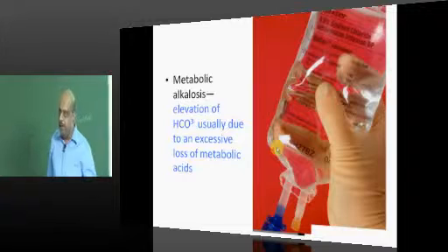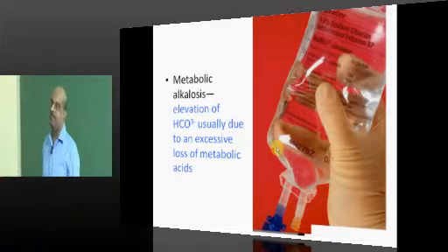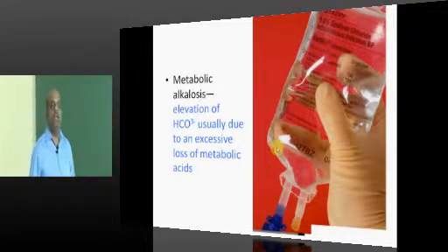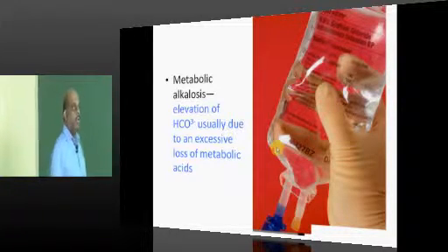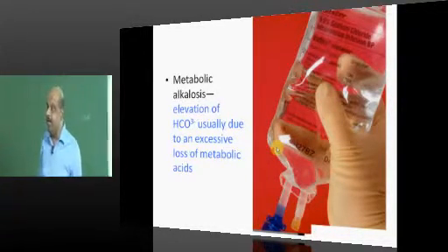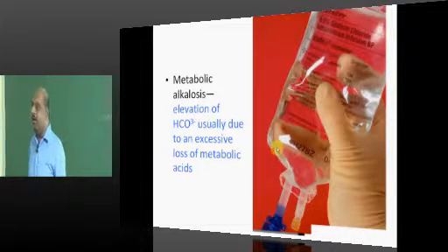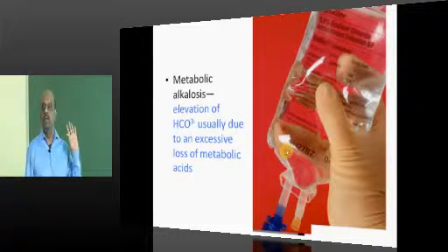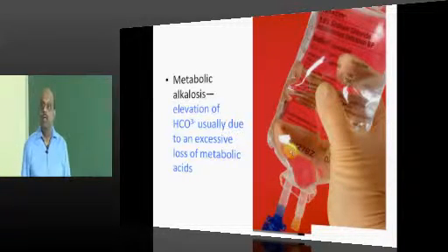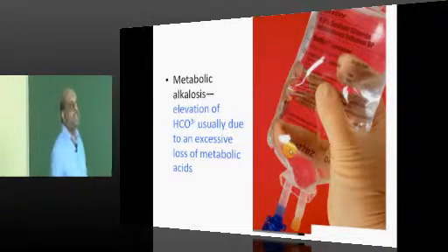A diabetic ketoacidosis patient has got high anion gap metabolic ketoacidosis. Then you have a dehydrated guy or a Conn's syndrome guy who has got metabolic alkalosis. But only 4 things. Obviously, what are the other things that you will have?